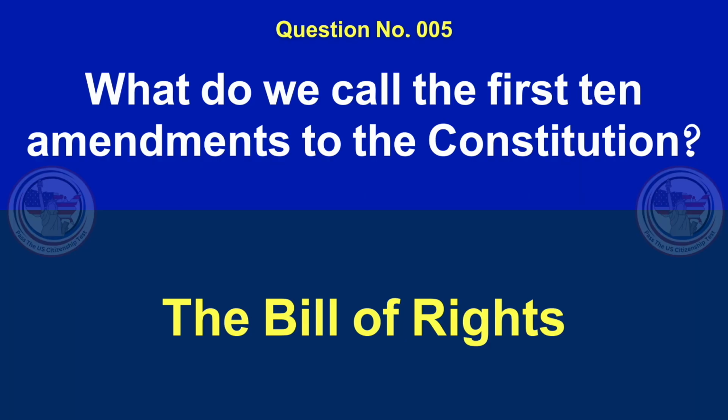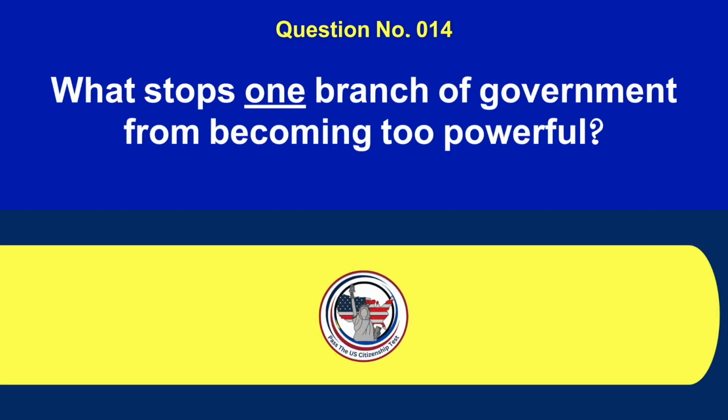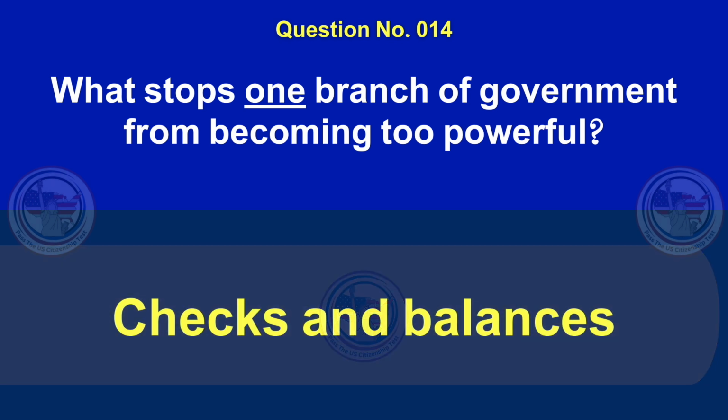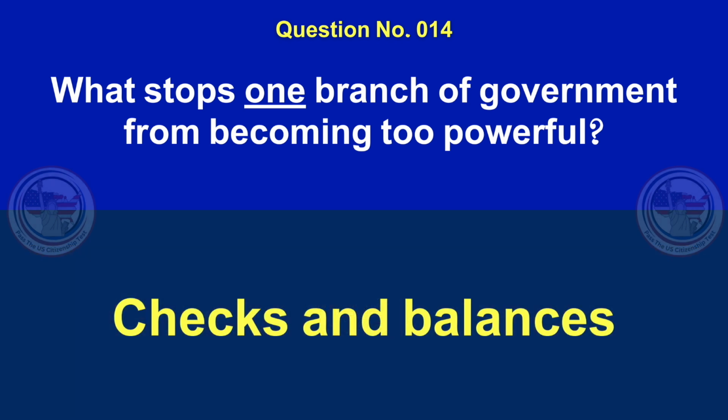The Bill of Rights. What stops one branch of government from becoming too powerful? Checks and balances.